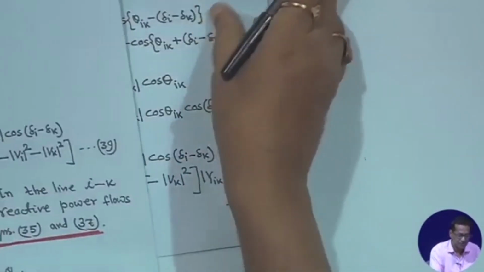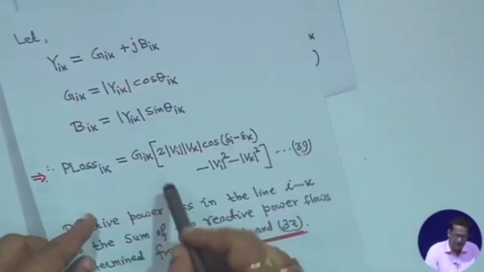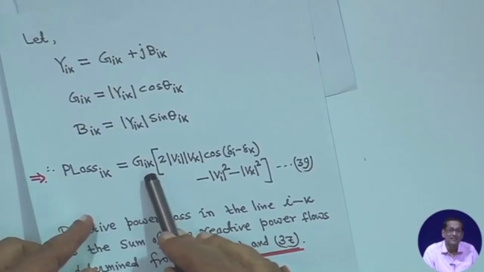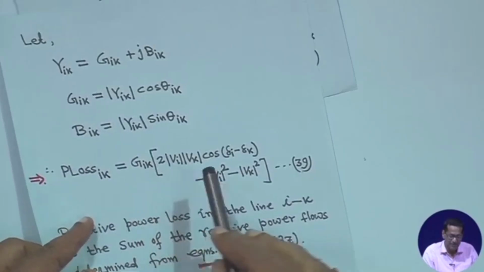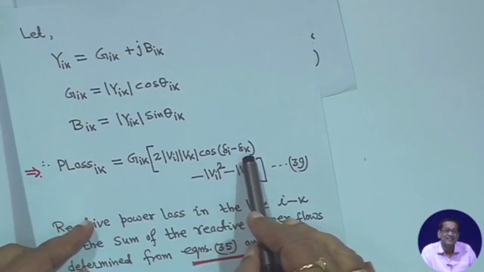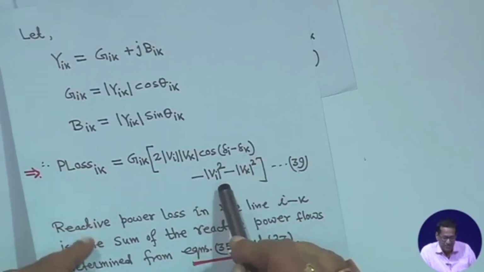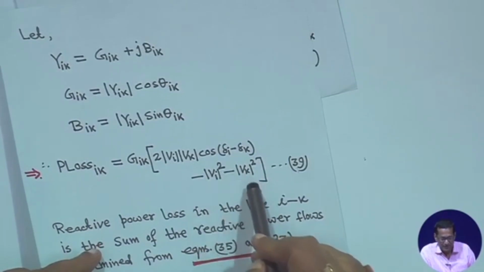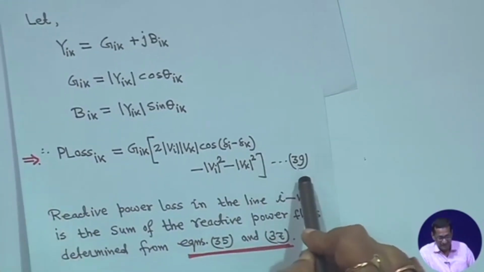If you do so, then P loss_ik will become this: G_ik in bracket, multiplied by 2 magnitude V_i magnitude V_k cosine of delta_i minus delta_k, minus magnitude V_i square minus magnitude V_k square. This is equation 39.